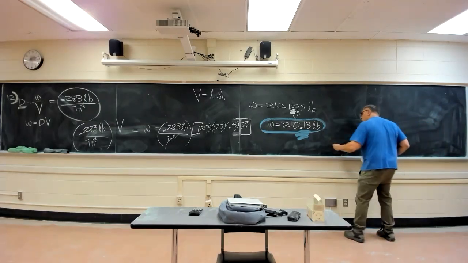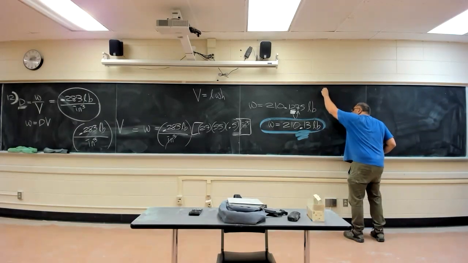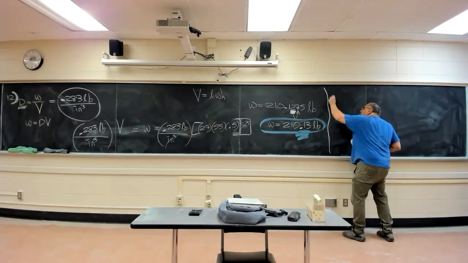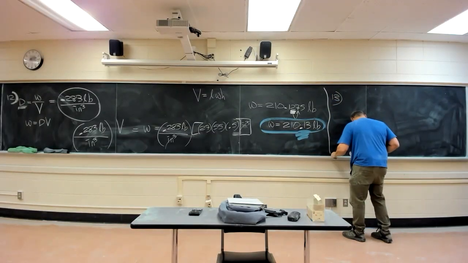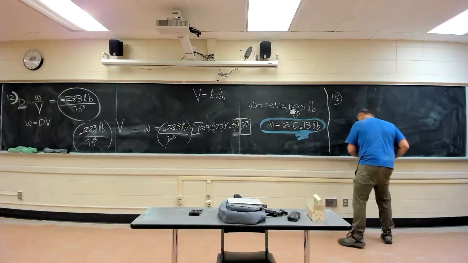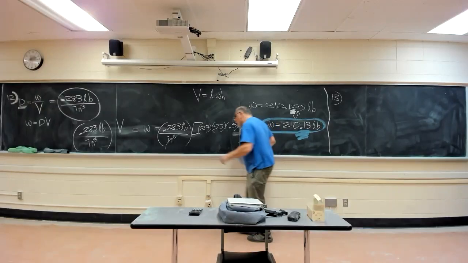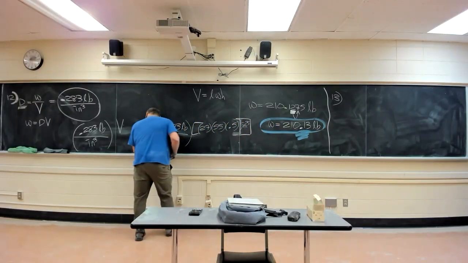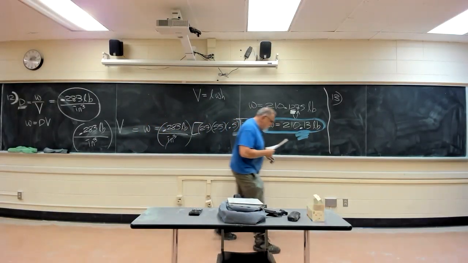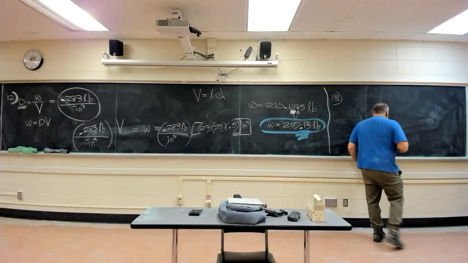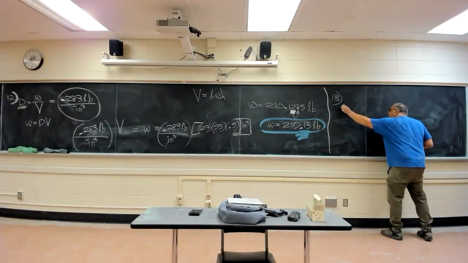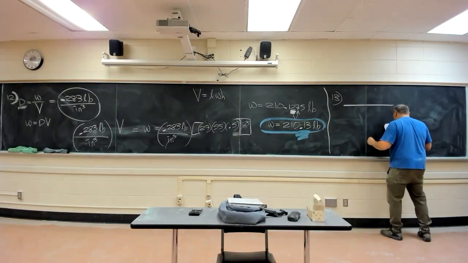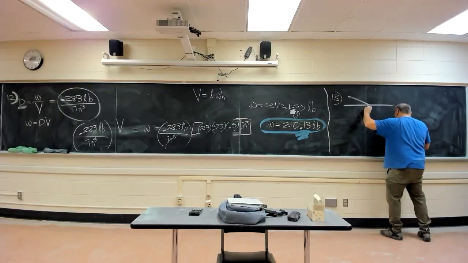13. Thirteen is saying find the missing angle or find the unknown angle. I mean, they're doing this.